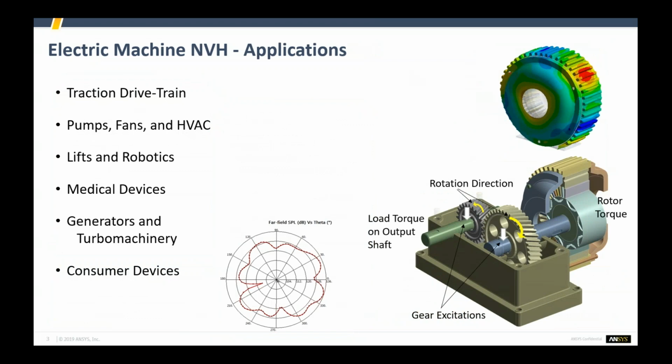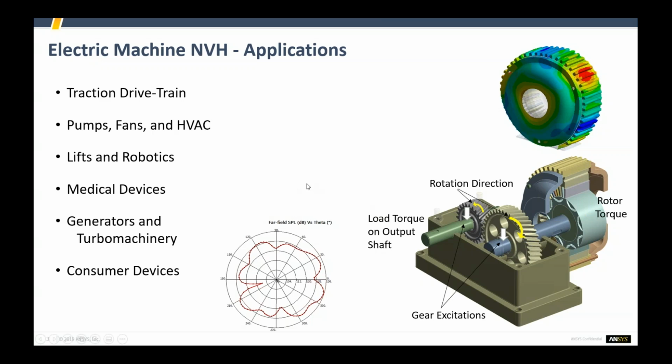So the principles applied here can be used in many applications and with many electric machine types. So not just in the automotive, in the electric vehicle industry, but also in various industries. The resulting information shows how forces are transferred through the system and then heard by a customer.